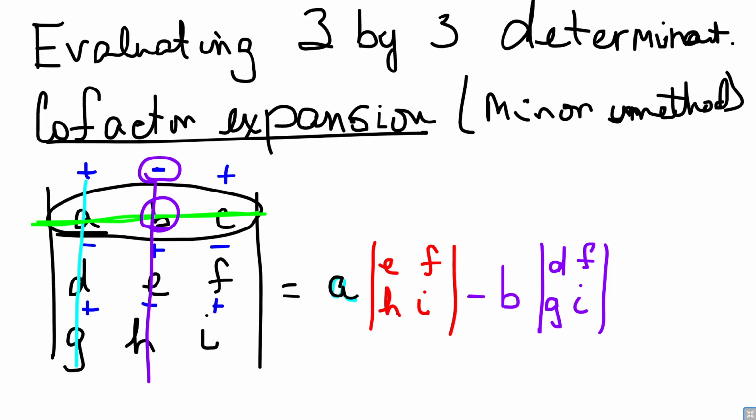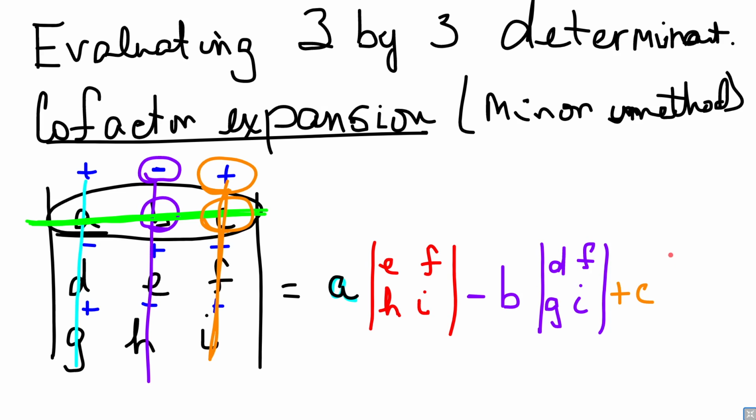Now I'm going to do this one more time. Again, I'm going to expand off the first row, but this time the third column, where we see the cross is at C. We know that C holds a sign position of plus.